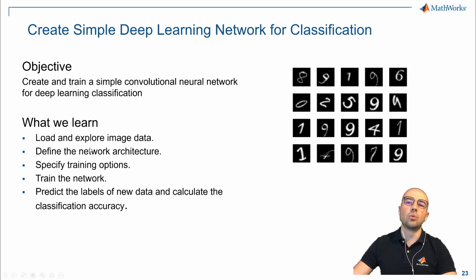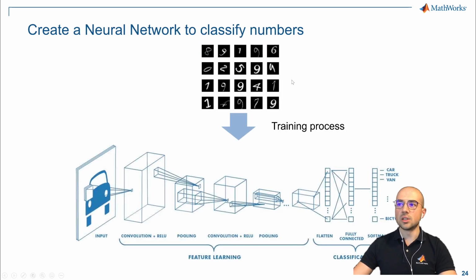We will learn to load data, to define the network architecture, and so on. So what we will do is take lots of sample images of these numbers and train the convolutional neural network, in order to have a functioning network that, once you give it a picture of a number, responds by giving out the number.